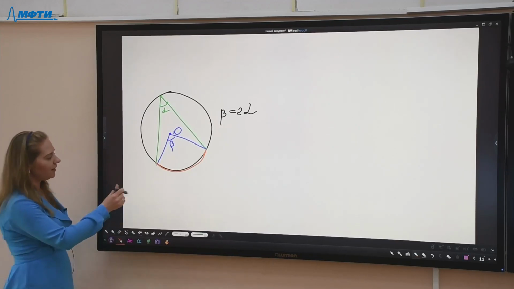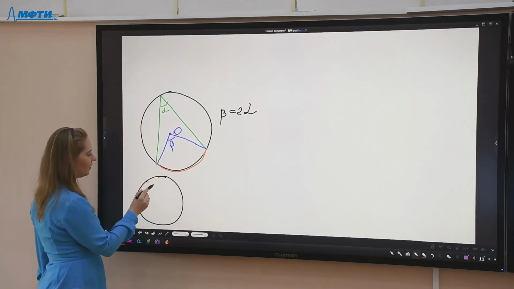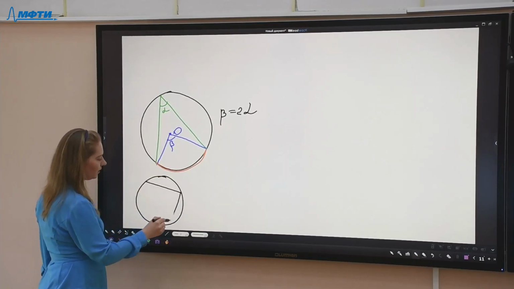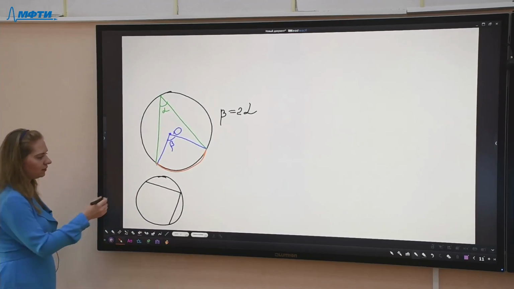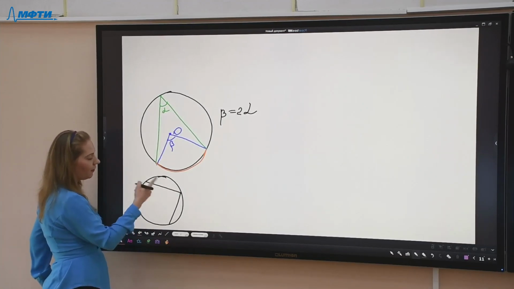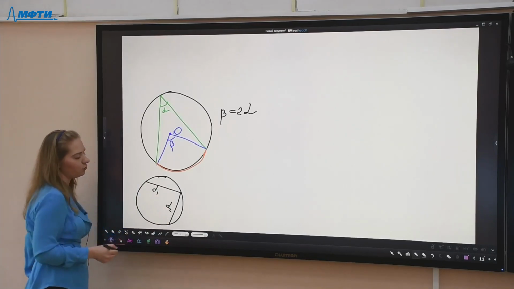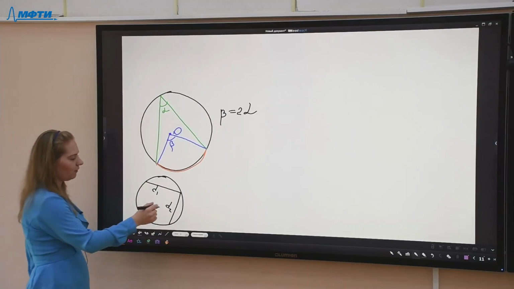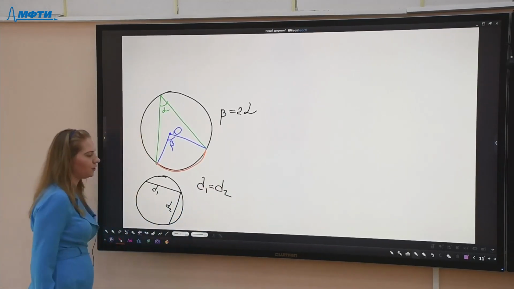So if inside the circle we have two chords, this one and this one, and these two chords are equal. So the length of the first chord is D1 and the length of the second chord is D2. And we know that D1 is equal to D2.